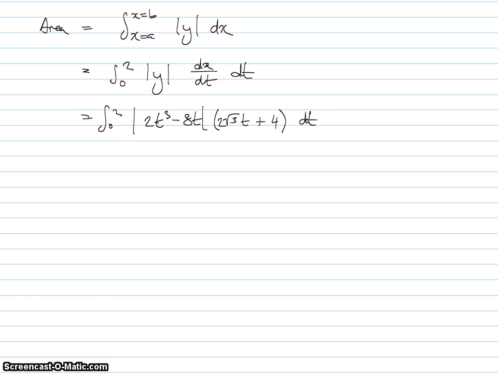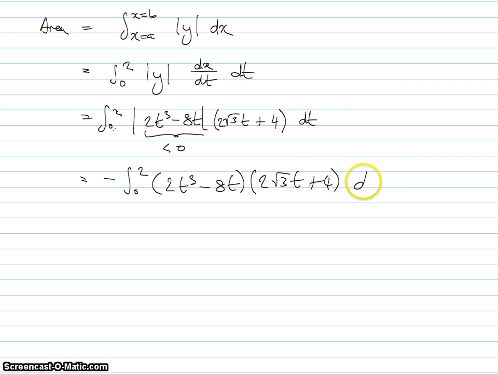And the critical thing is, we know between t equals 0 and t equals 2 that this expression is strictly negative. So we actually get a minus sign for the absolute value function. So I'll just bring that out the front, and then we get 2t cubed minus 8t, times 2 root 3t plus 4, dt.